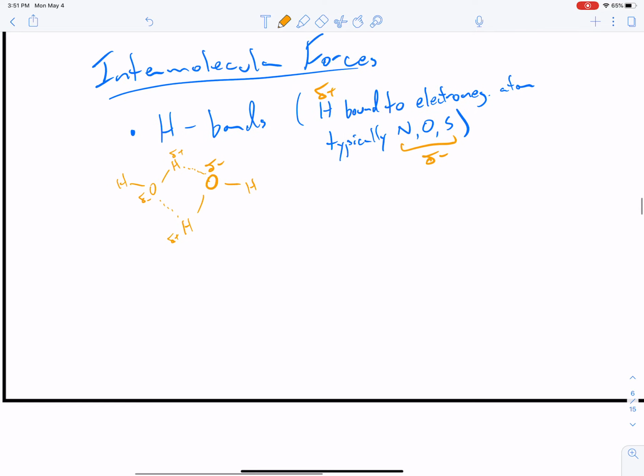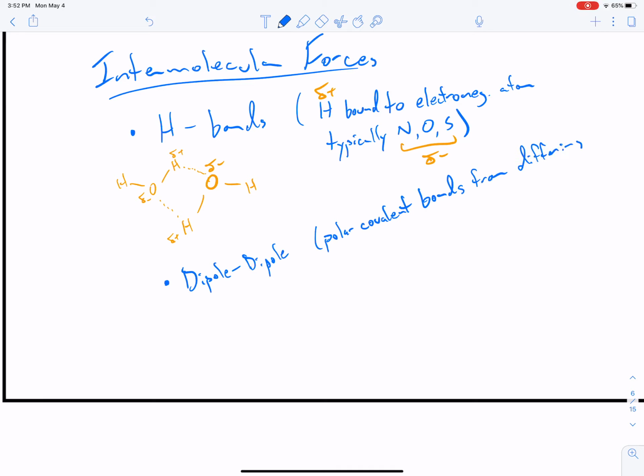So you can also have something called dipole interactions. So with dipole, what we're seeing is polar covalent bonds from differing compounds that interact.